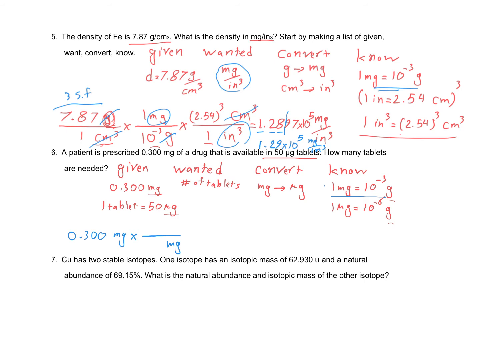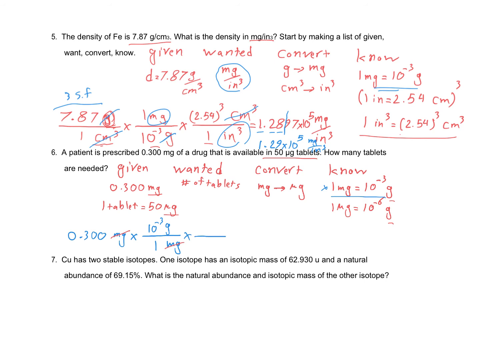And looking at my equality, it says 1 milligram is 10 to negative 3 gram. Always first find which unit goes where, and then look at your equality. The top and the bottom of your ratio of your conversion factor should be equal. Okay, so you can have the ratio equal to 1. Okay, so I can get rid of milligram with milligram, and now I have gram.